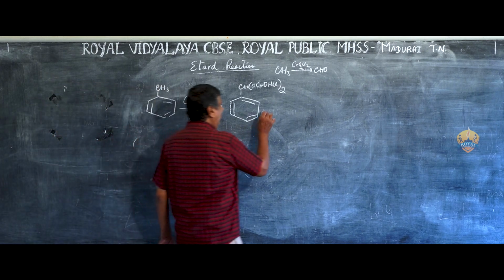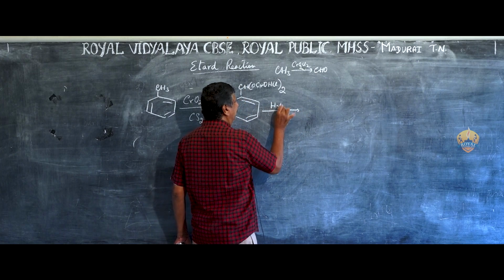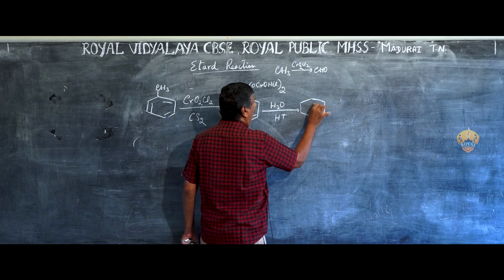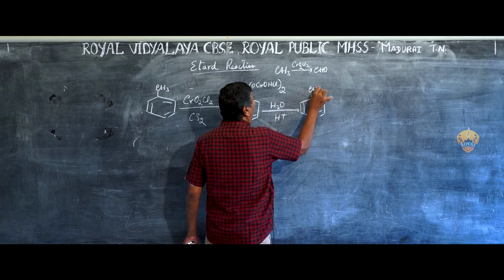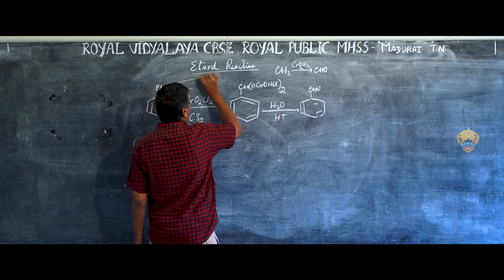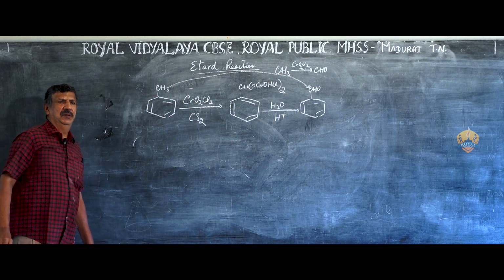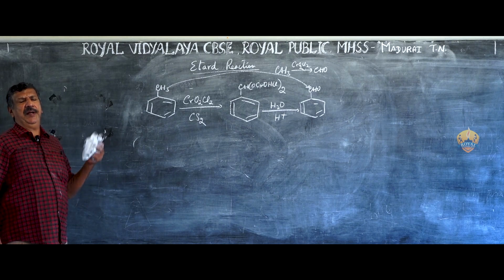Then which on hydrolysis? You know this one, the final product. It converts into aldehyde. You see, the methyl group is finally converted into aldehyde group. This is called the Etard reaction.